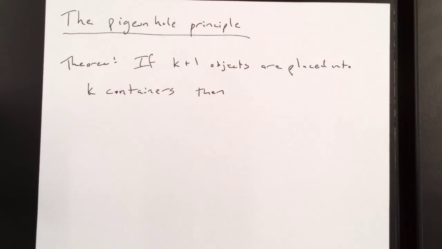All the objects go into containers. But as you said, I'm going to have something left over, right? So what does that tell me about where I put that? One of the containers. That means at least one of the containers must have more than one object.